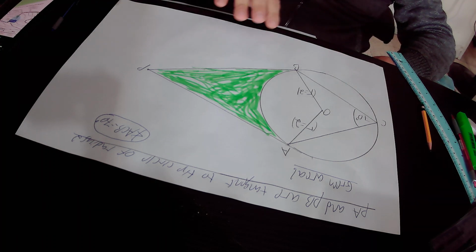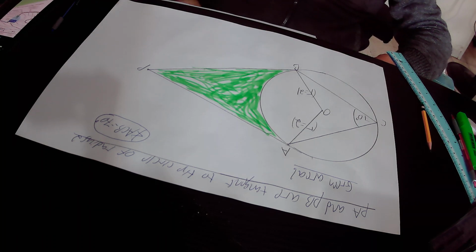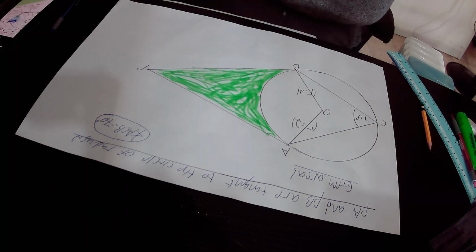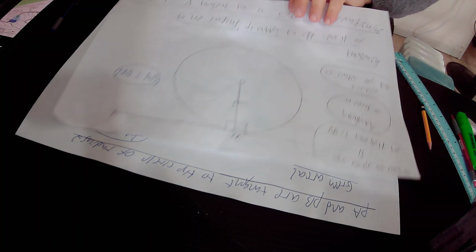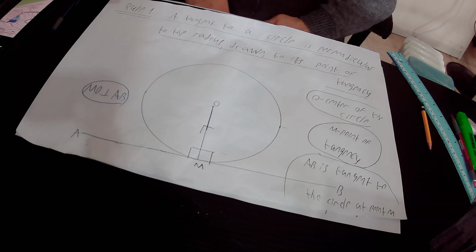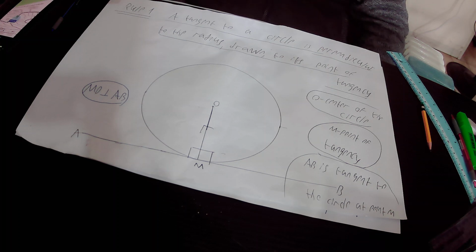We can implement rule 1 here. Let's repeat quickly on rule 1. According to rule 1, a tangent to a circle is perpendicular to the radius drawn to its point of tangency.